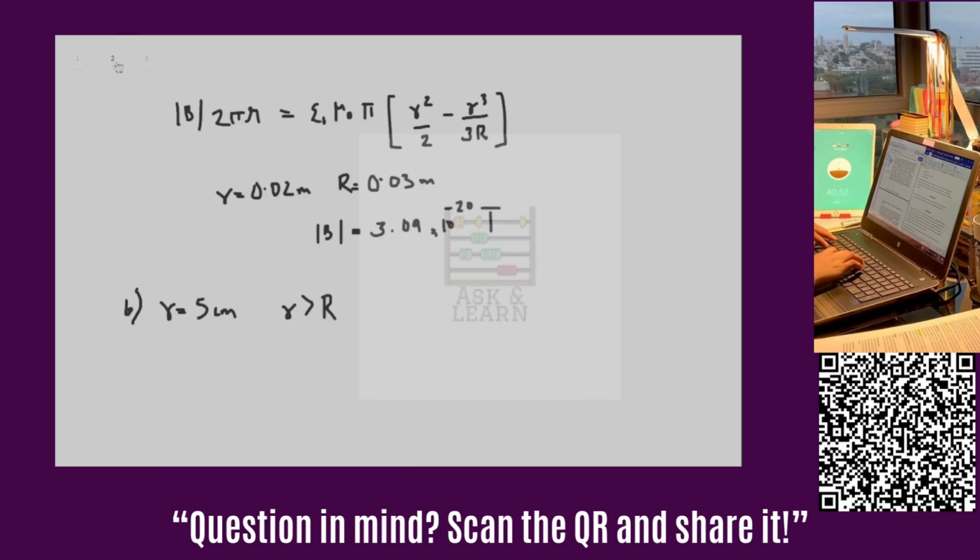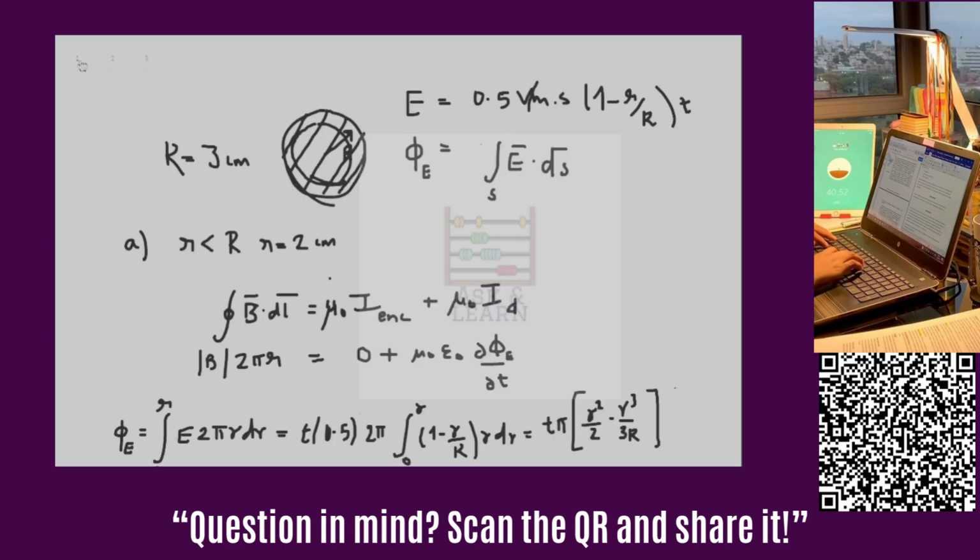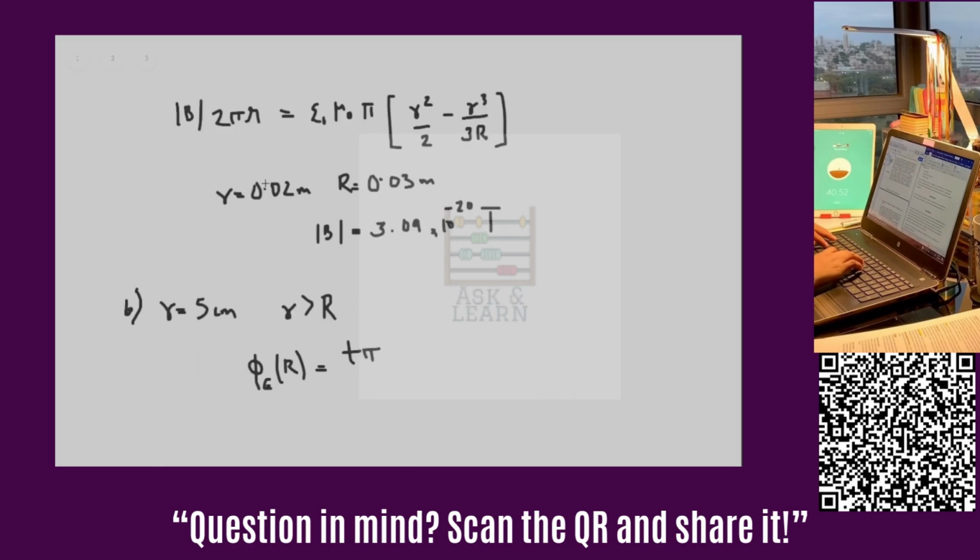If I take capital R, then phi of E all the way up to capital R is equal to t pi times capital R squared over 2 minus R cubed over 3R.